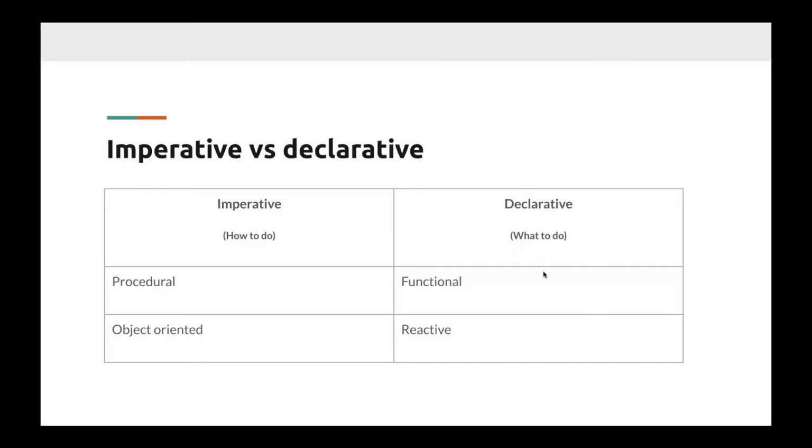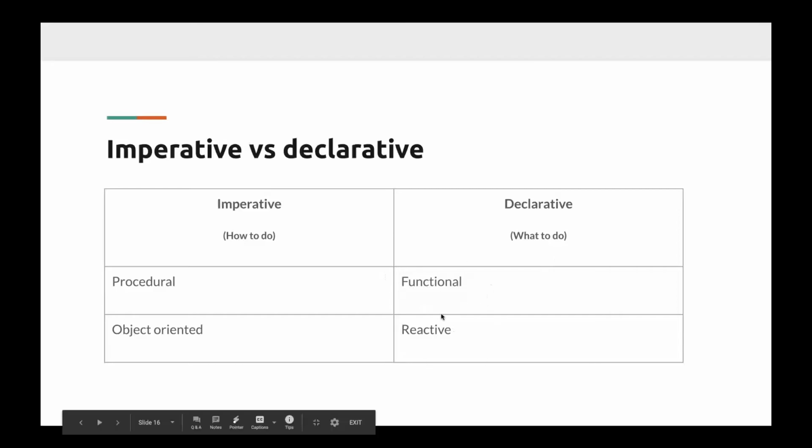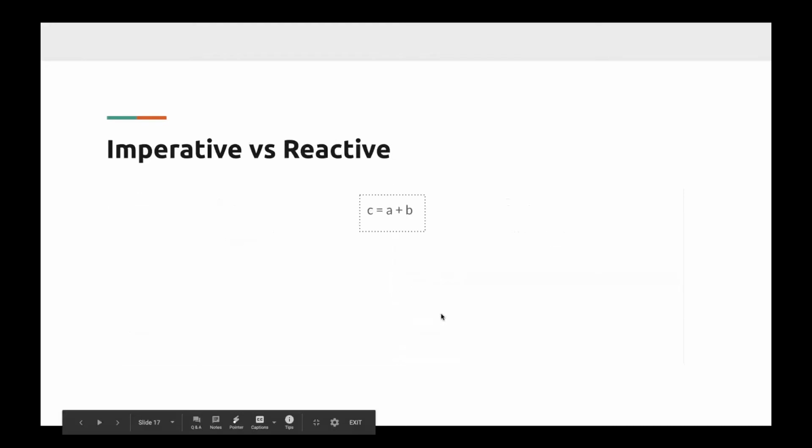But in declarative, you are instructing what to do. You are doing math and getting a result, right? This is what to do, not how to do. So declarative programming gives us functional programming and reactive programming. Let's see what reactive programming is next.